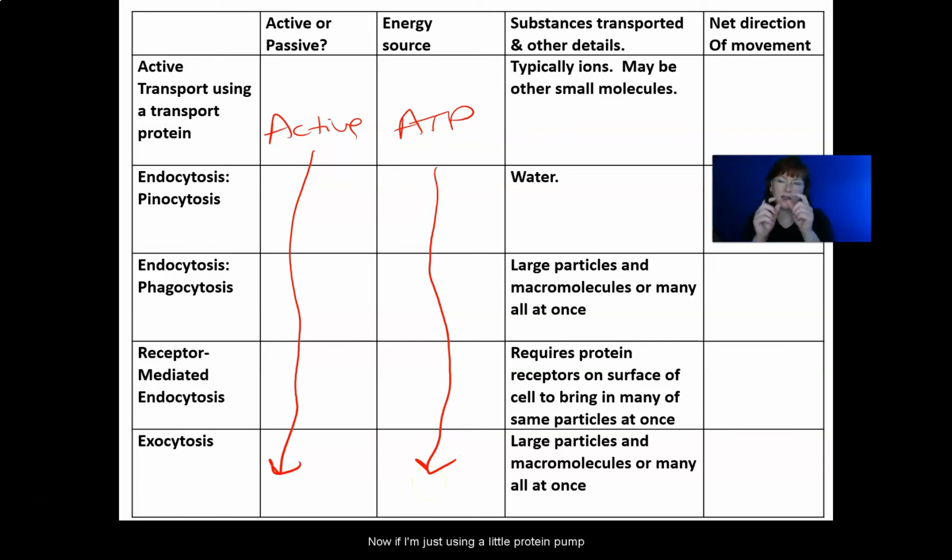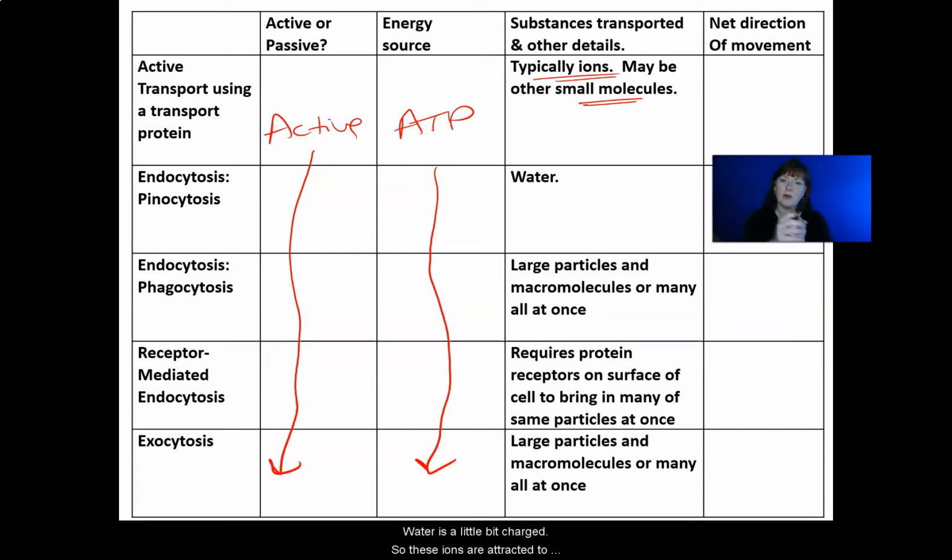Now, if I'm just using a little protein pump to carry stuff across that membrane, then I'm typically carrying really small things, maybe those really small molecules that can't cross on their own. But more often we're carrying ions. Because remember, ions are charged. Water is a little bit charged.